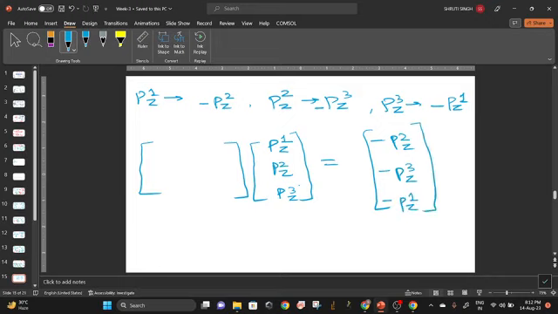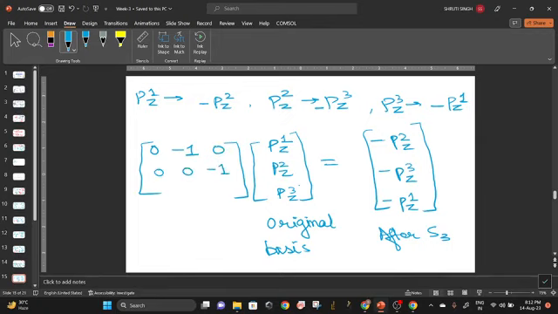This is after S3. This is the original configuration. Now can you tell the matrix? Yes, ma'am. 0 minus 1 0, 0 0 minus 1, and minus 1 0 0. So now is this matching?